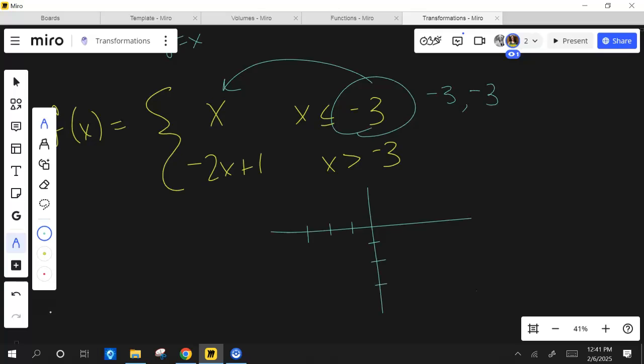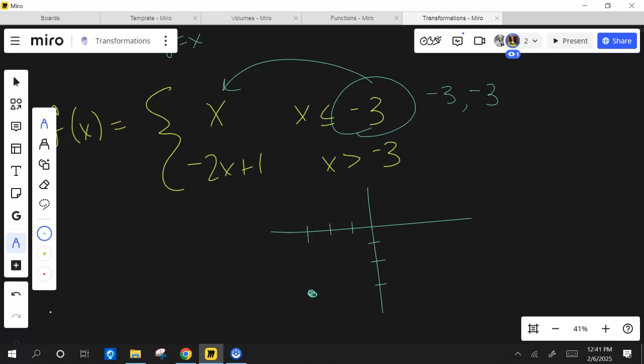All right, let me ask you this. When I cut it off at -3, is it a solid dot or an open dot? How do you know? Now, read this inequality to me. X is less than or equal to -3.